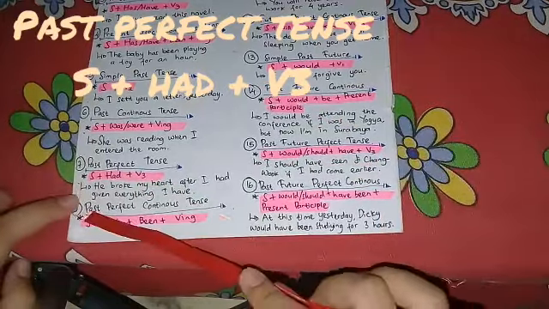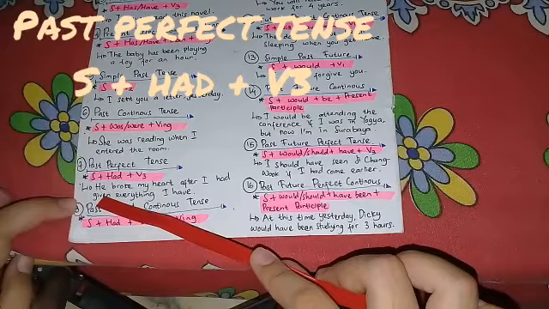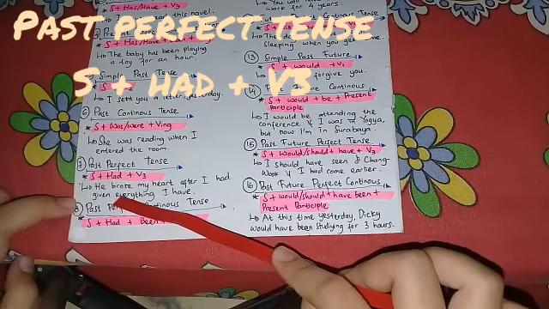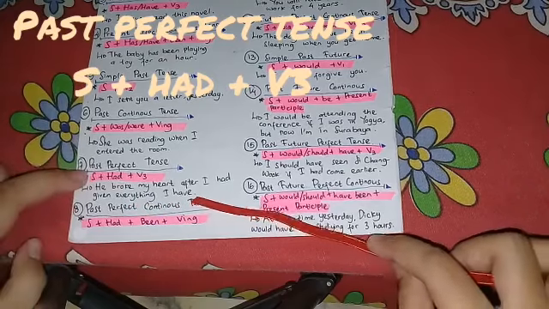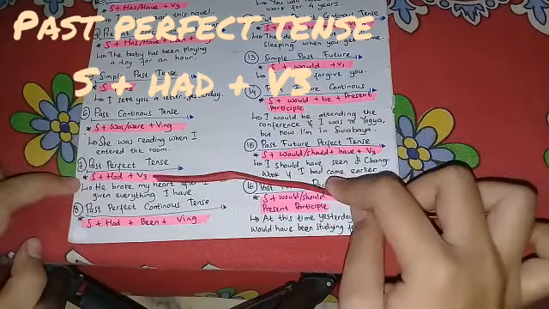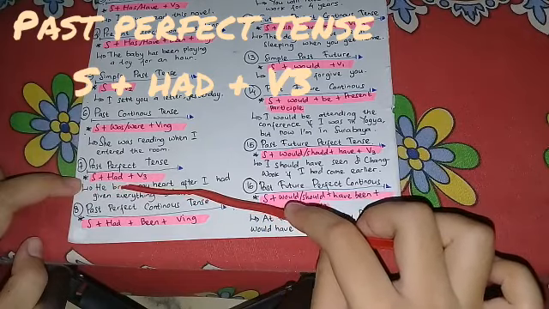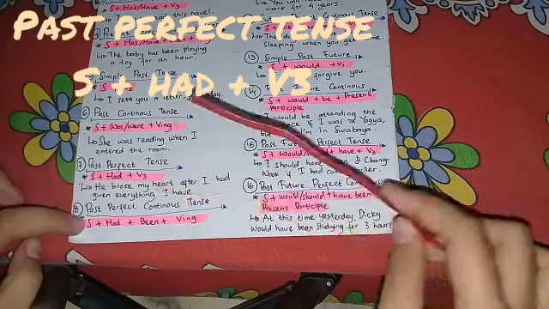This is the example. He broke my heart after I had given everything I had. So the structure is subject plus had plus verb 3.